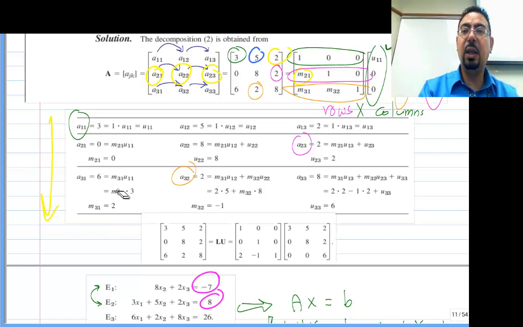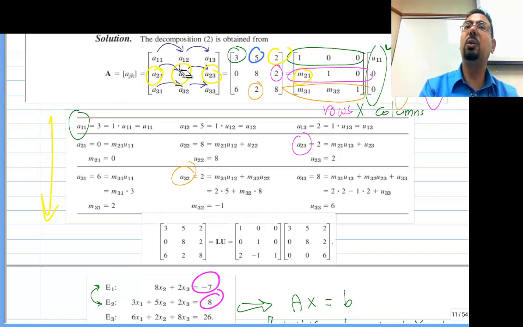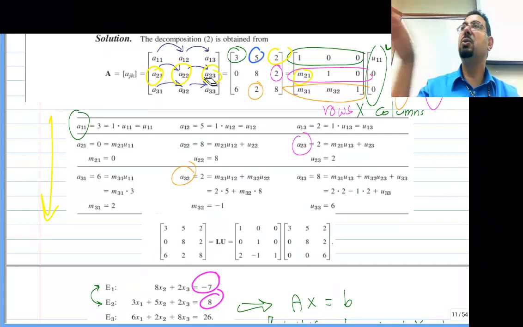See how he's getting the M31, and then M32, and after that the U33. Just basically that order. Is that clear? Row after row. So you do row by row.